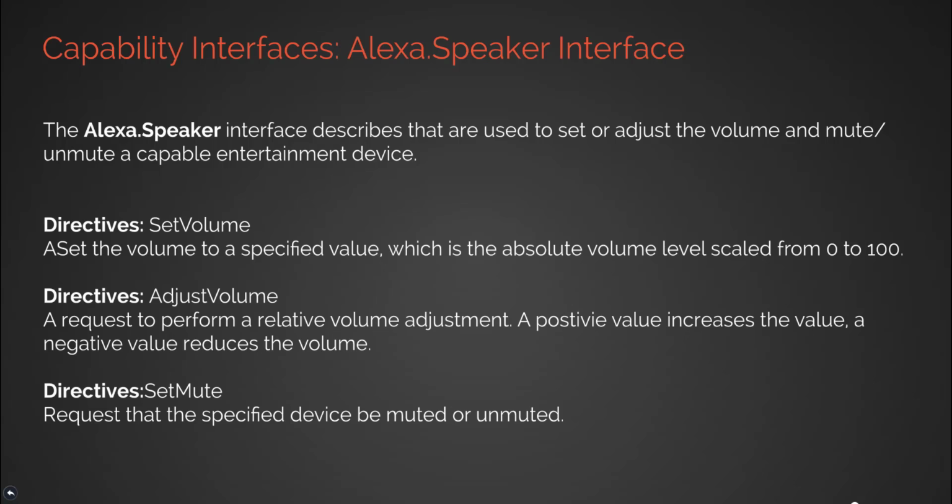Let's say it's playing music at a certain volume, and you know what the scale is. Alexa knows what that scale is. Let's say 0 is the lowest, 100 is the highest. You can specify a specific value, and you can pass that value to a speaker so that it would adjust that setting to a specific value indicated within the scale.